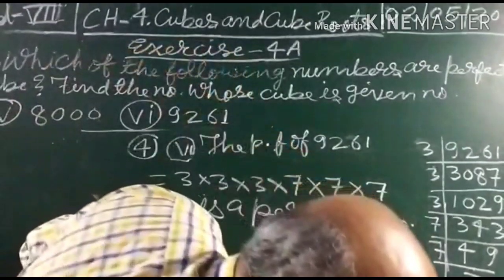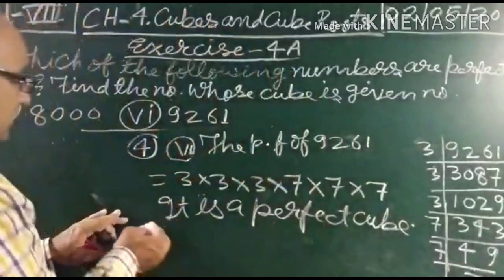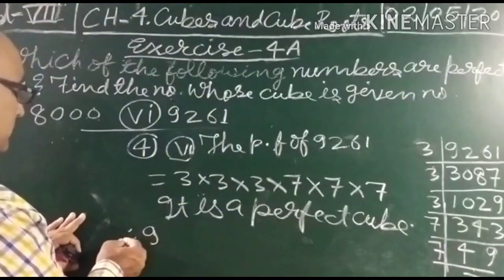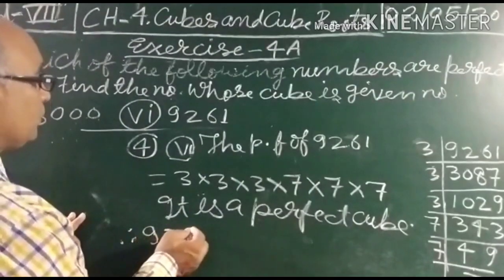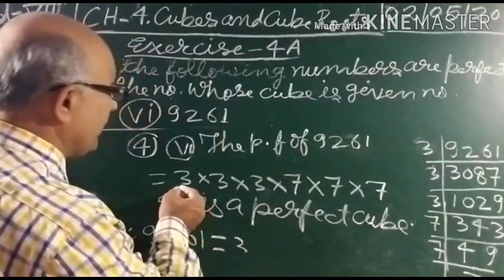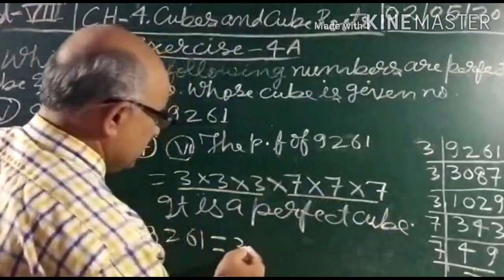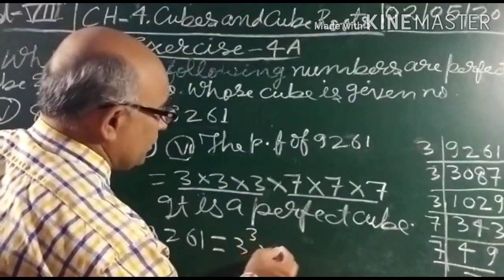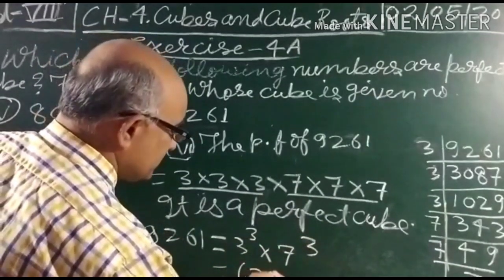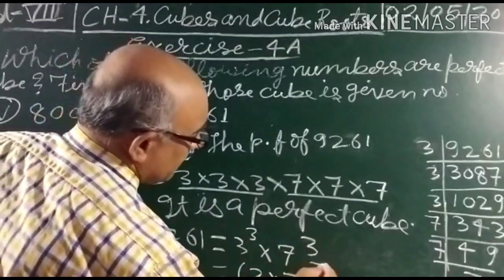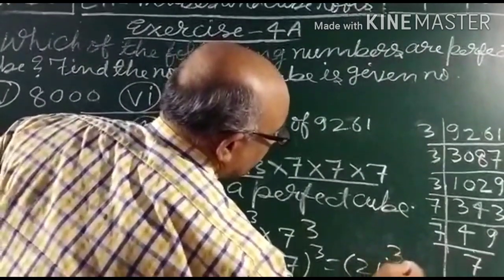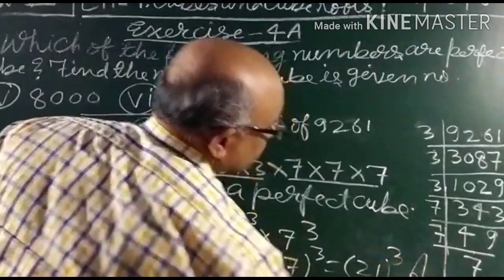Therefore 9261 equal to 3 cube into 7 cube. That means 3 into 7 cube, equal to 21 cube, answer.